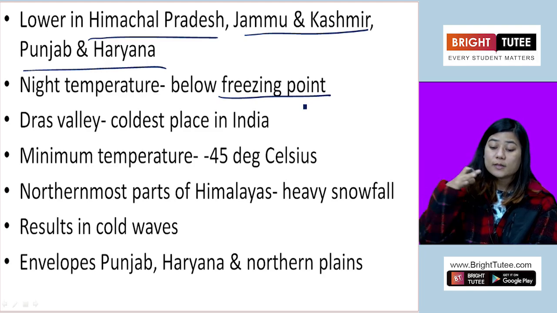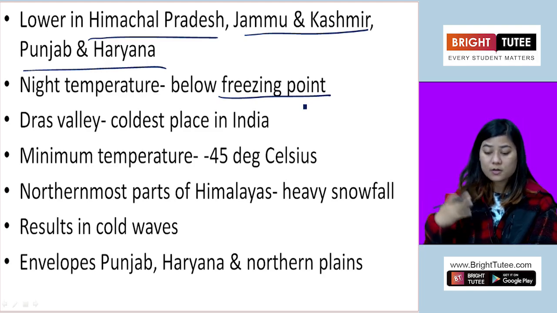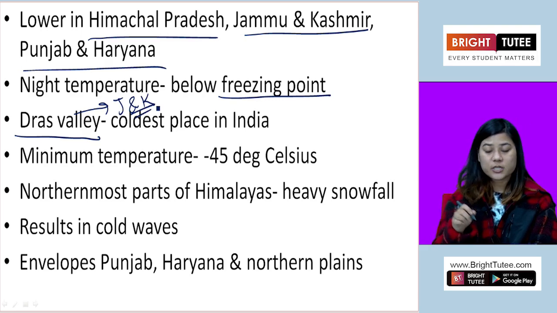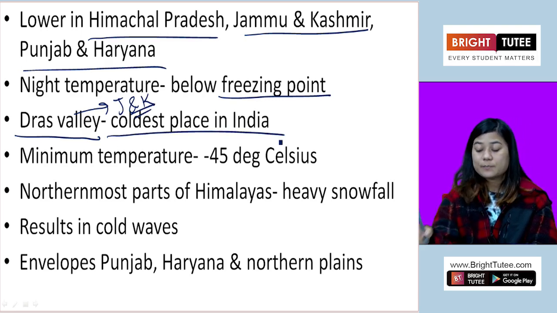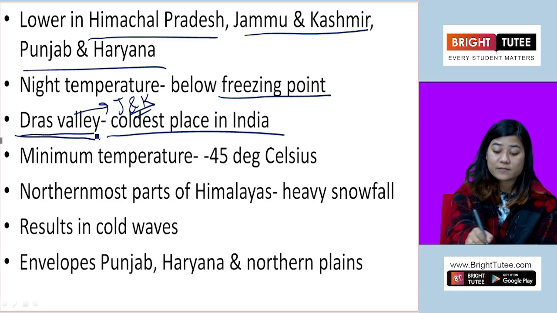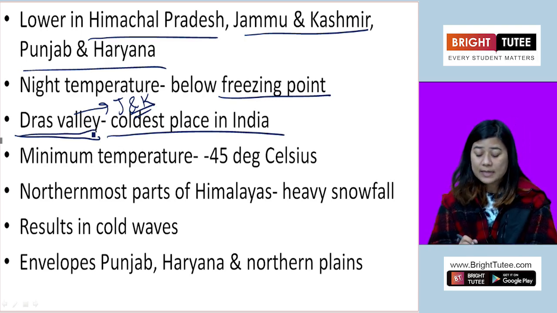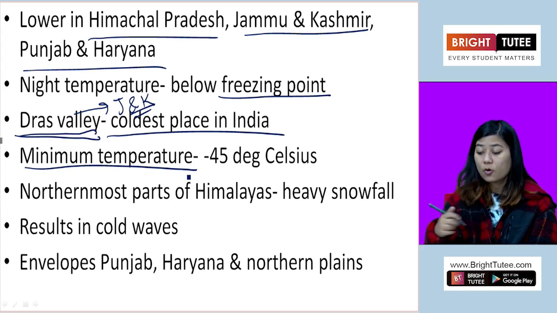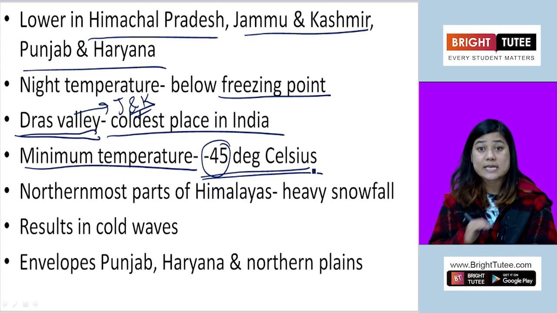The Dras Valley, which is in Jammu and Kashmir, is the coldest place in India. Remember this. There the lowest the temperature can go is minus 45 degrees Celsius, minus, in negative.